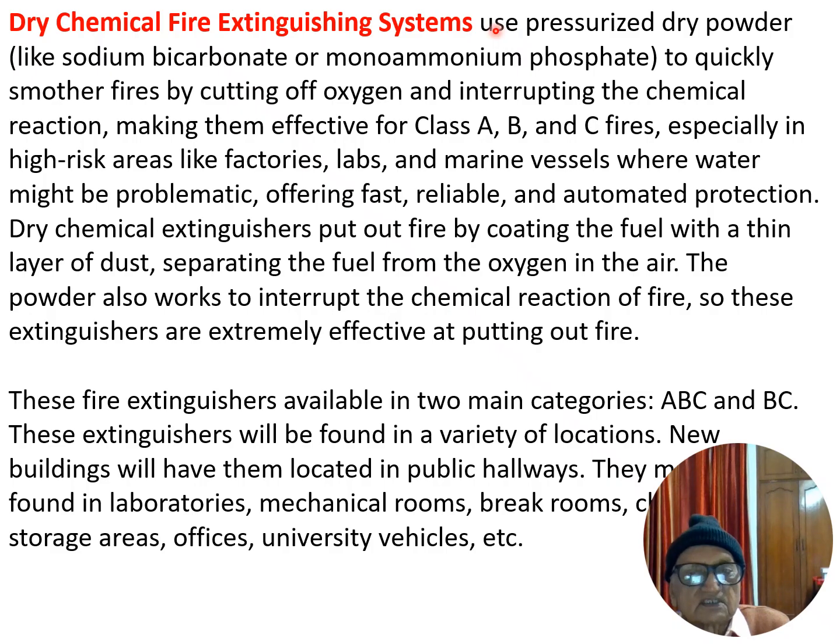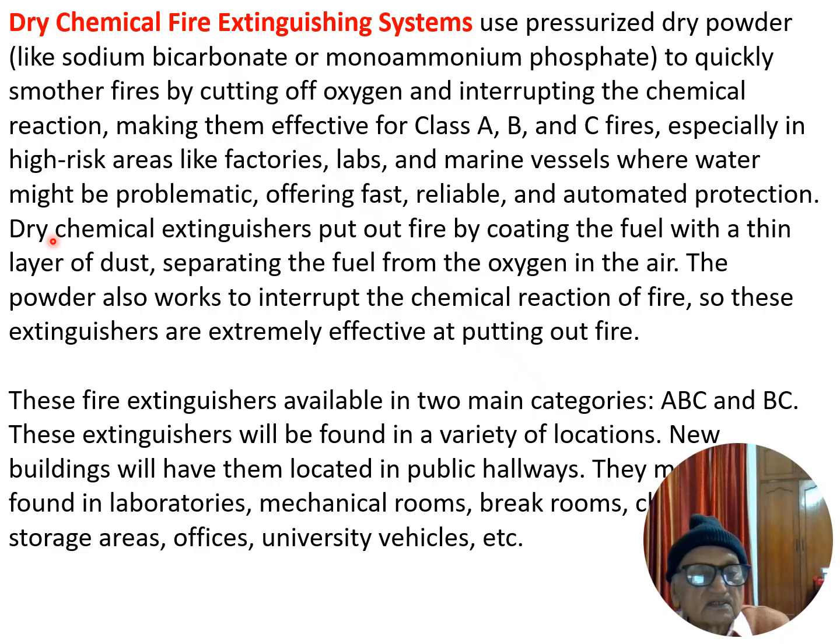They use pressurized dry powder like sodium bicarbonate or monoammonium phosphate to quickly smother fires by cutting off oxygen and interrupting the chemical reaction, making them effective for class A, B, and C fires, especially in high risk areas like factories, labs, and marine vessels where water might be problematic, offering fast, reliable, and automated fire protection.